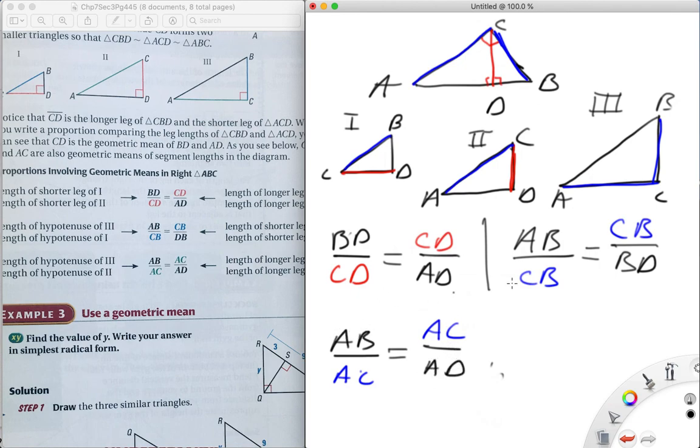So the hypotenuse of 3 over the hypotenuse of 2 is equal to, which it shares, the long leg of 3 over the long leg of 2.